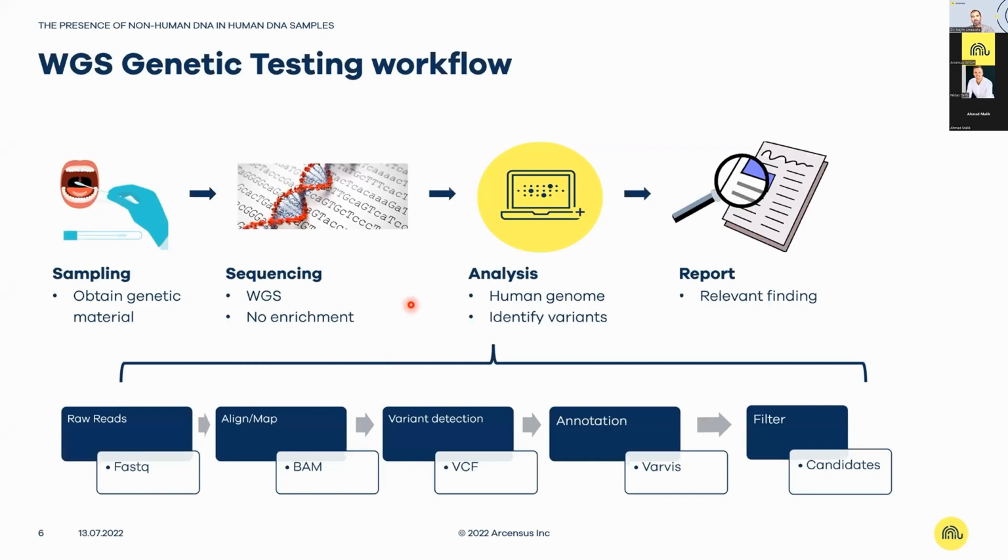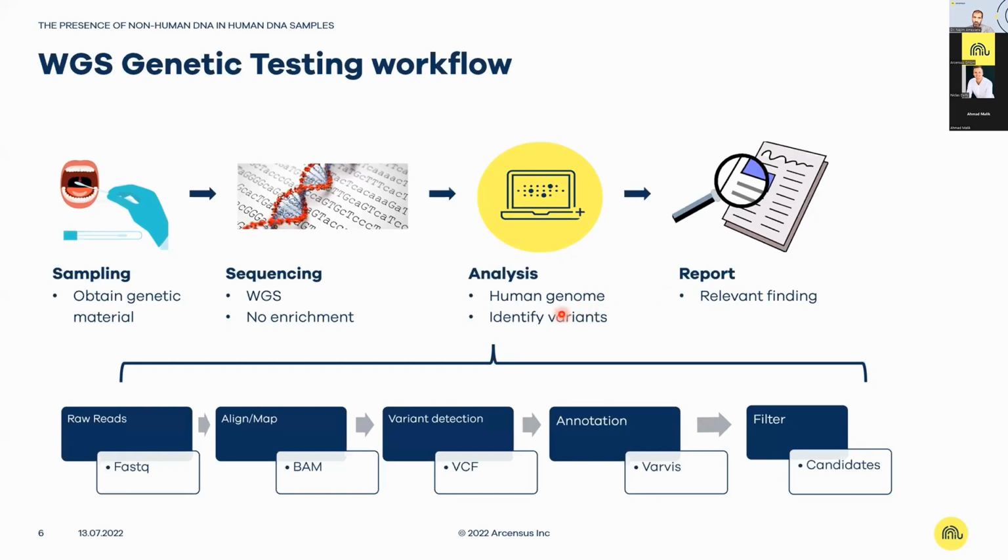And then once this data is provided, it will be analyzed using different tools, which I will discuss briefly. Once the human genome is sequenced, the relevant variant is identified, and a report is then sent about the subject to the physician or directly to the individual who's interested in the report.